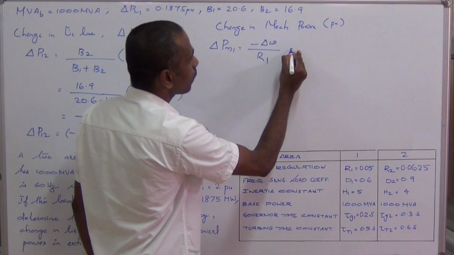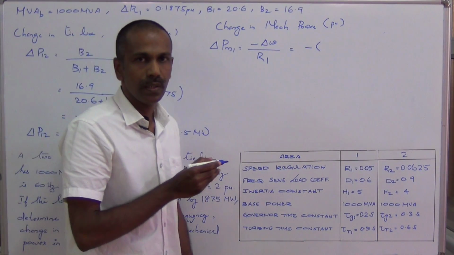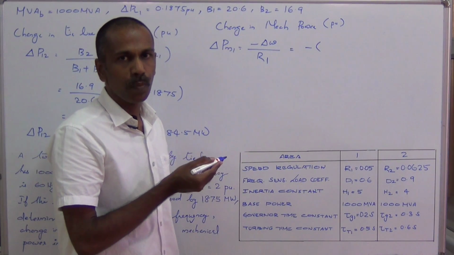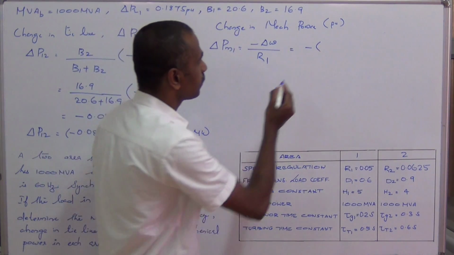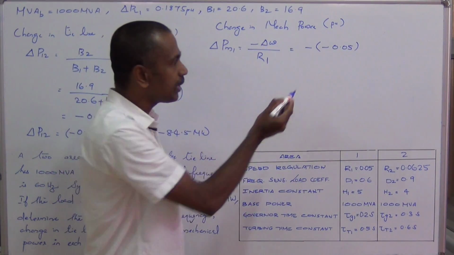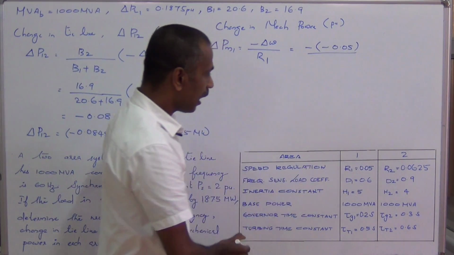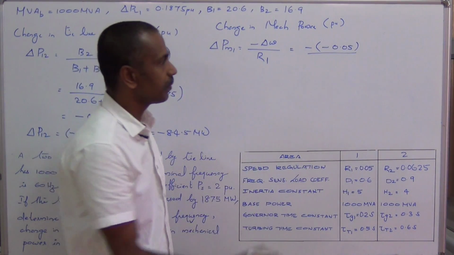So this is equal to minus, what is the change in frequency? Minus 0.05 per unit. We have already calculated this value. Divided by R1, which is 0.05.